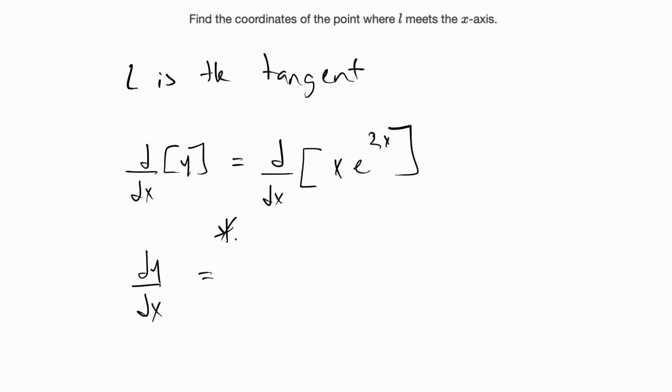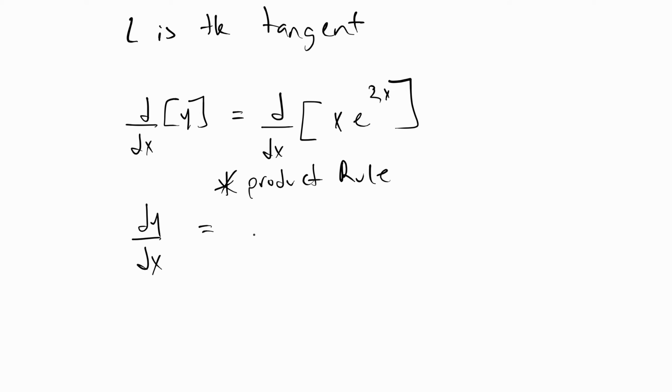How do we do this product rule? Well, we keep one, differentiate the other, plus differentiate the other, keep the other. So we keep x, then differentiate e to the power of 2x, which is 2 times e to the power of 2x.